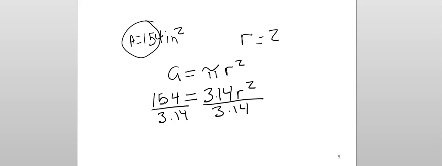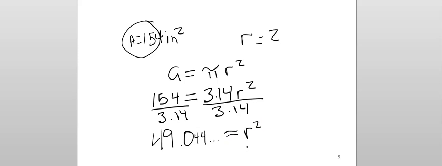And again, I'm going to come up with this crazy number, but I'm being asked for approximate. So it's 49.044, and then it goes on and on, is equal to r squared.